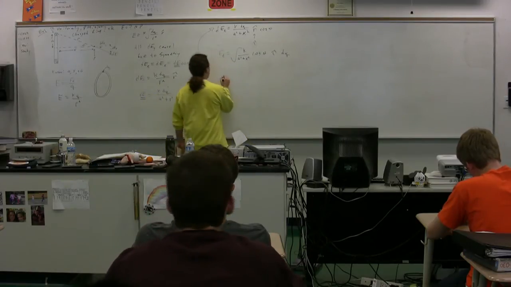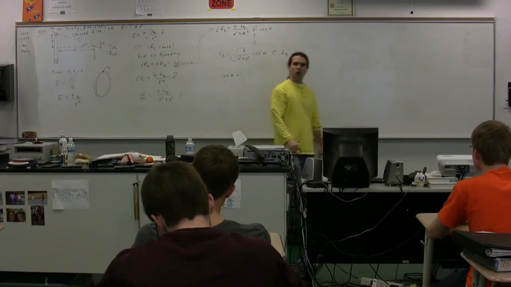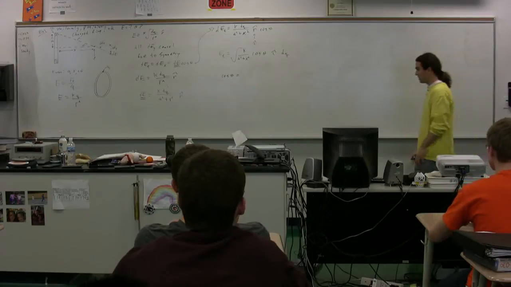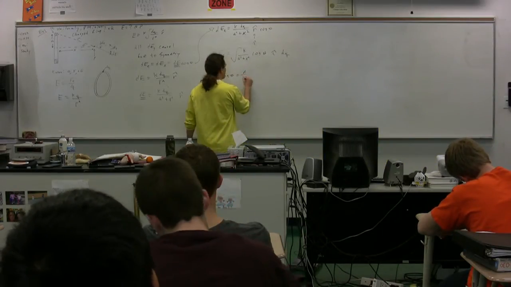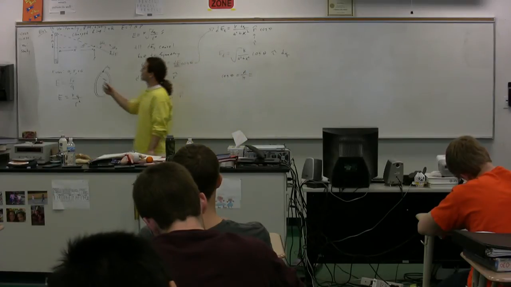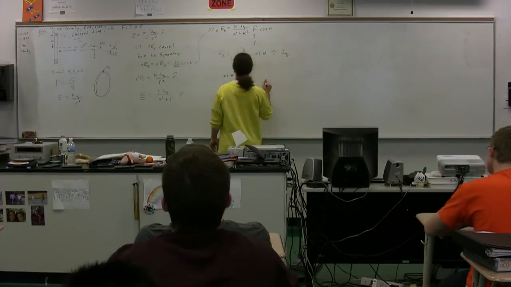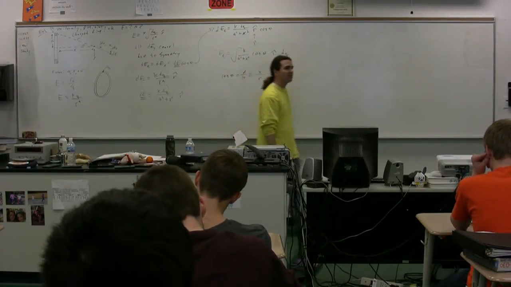We need to look at cosine theta. Cosine of theta is going to be equal to, by definition, Emily, adjacent over hypotenuse. Looking at our triangle here, the adjacent is x, the hypotenuse is r. What is r?